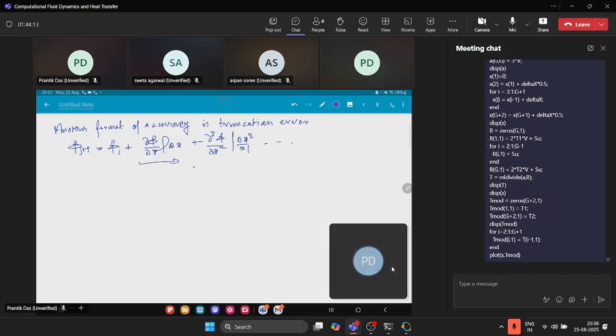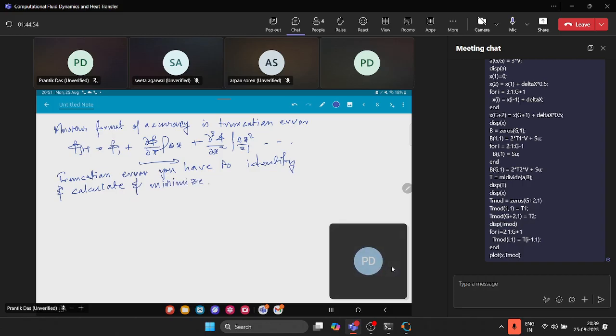So this truncation error, you have to identify and calculate and reduce and minimize.